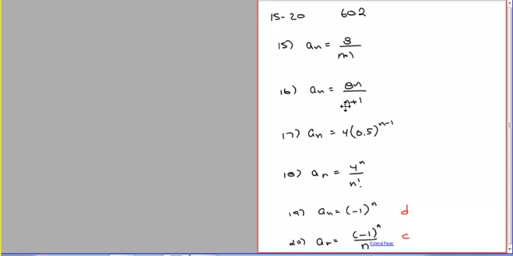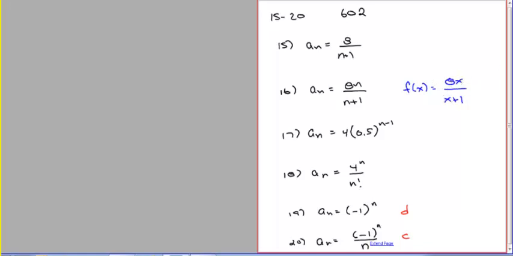Now let's look for ones. This one is n goes to infinity. This goes to 0 because you get 8 over infinity. So that goes to 0. This one actually, one of the things about limits of series is if you looked at the function, so instead of a sub n, f of x is 8x over x plus 1, and you take the limit as x goes to infinity, you have a rational function where the highest order term is x to the first power, and you take the ratio of leading coefficients.